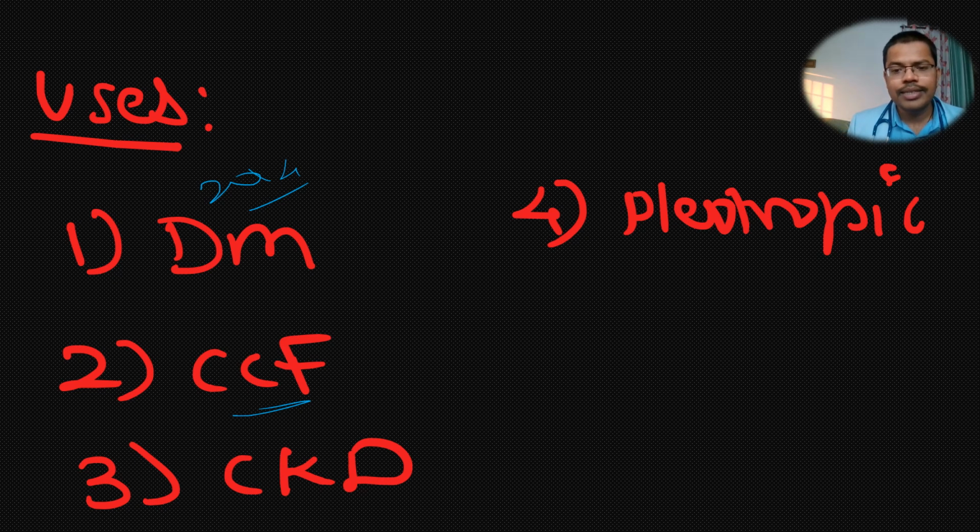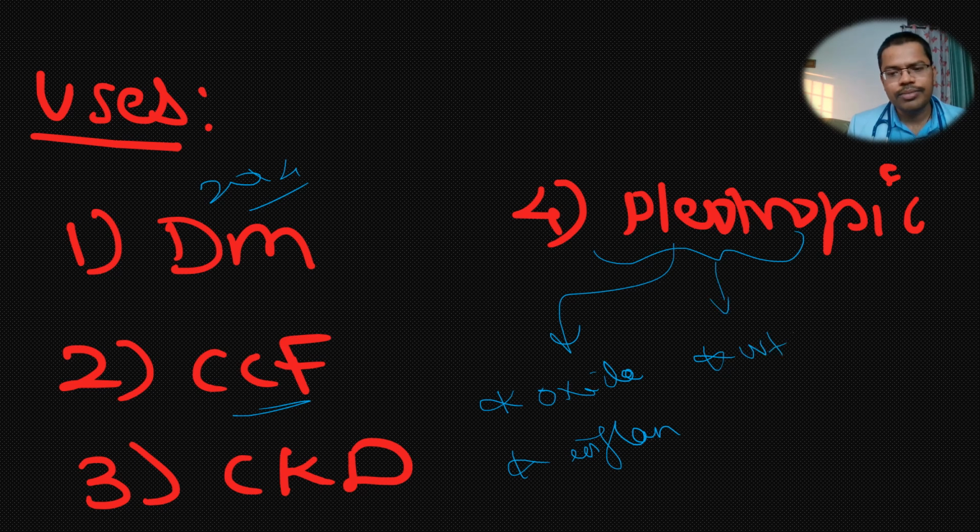Apart from that, it has many other pleiotropic roles, such as reducing oxidative stress and inflammation. It also causes weight loss and reduces the uric acid level.